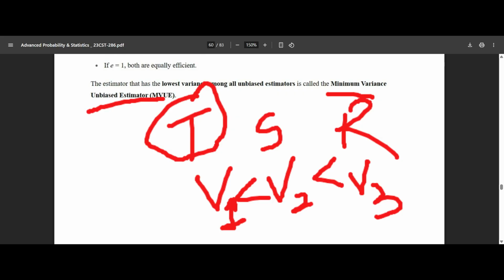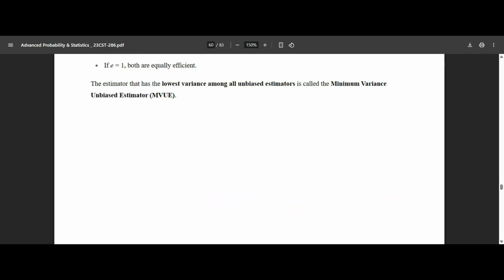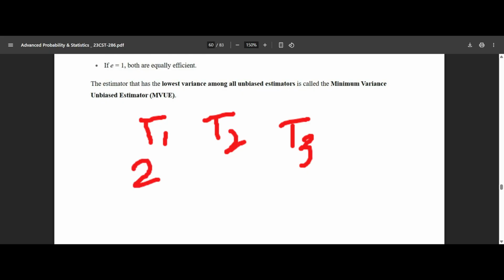Is it clear? So लाइक आपको अगर जितने भी वेरिएबल्स, N वेरिएबल्स दी हो कि जैसे T1, T2, T3, तीनों की वेरिएंस ऐसी आई 2.4, 3.6 and 1.2.